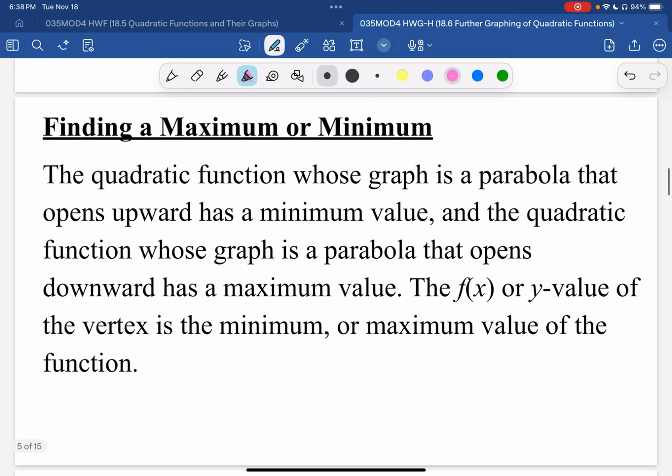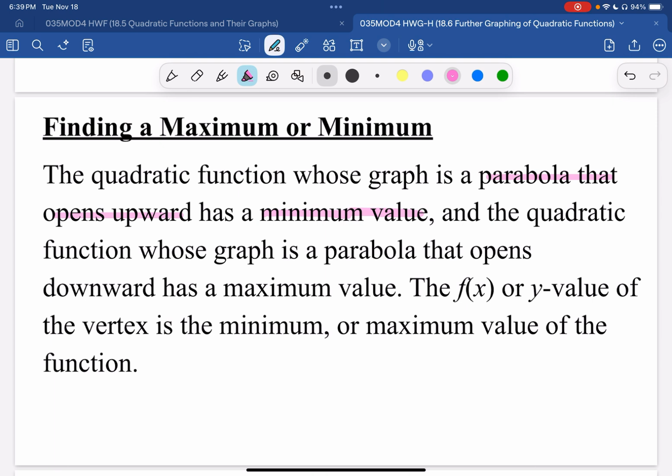If we're asked to find a maximum or a minimum value, then for a quadratic function, if it's a parabola opening upward, it's going to have a minimum value.